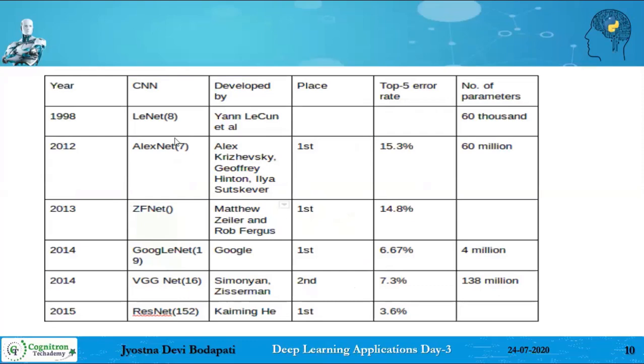In 1998, the CNN was introduced by LeCun, the Turing Award winner of 2019, with 60,000 parameters.